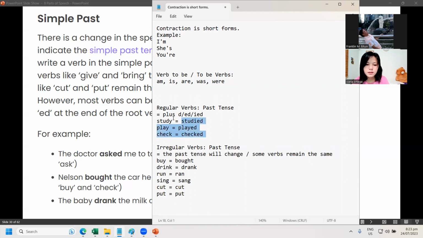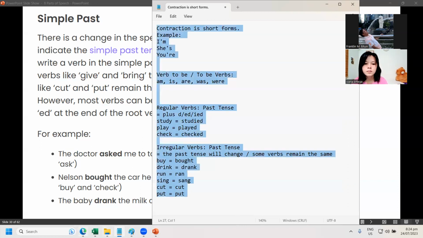You just need to remember this. You need to memorize the words here because you cannot just put. You might say cutted if you will not memorize. So memorization is very important for the verbs.